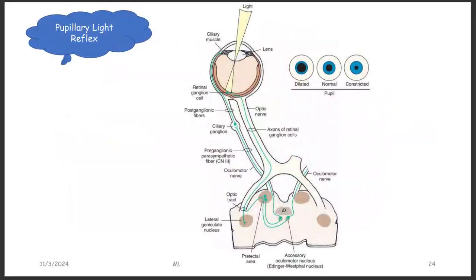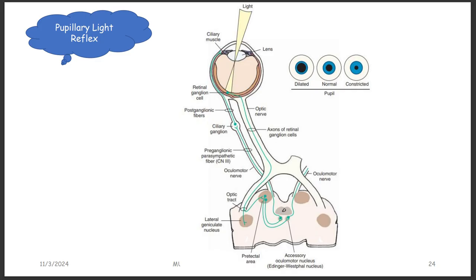So we can see that the other side of the eye is not shown, but we can see this fiber that is going here. When information comes from, we can see this is the optic nerve. The information is going to the lateral geniculate nucleus there. Can we see that fibers are also projecting directly like that, going to the pretectal area, and then the information is going to the accessory oculomotor nucleus, and then it will be able to go this side.